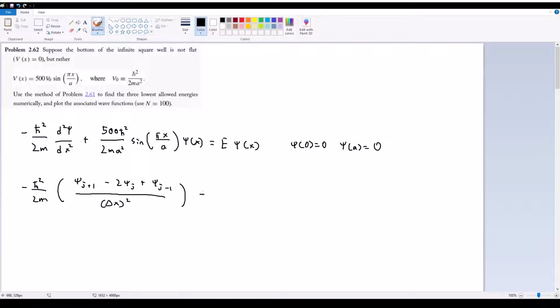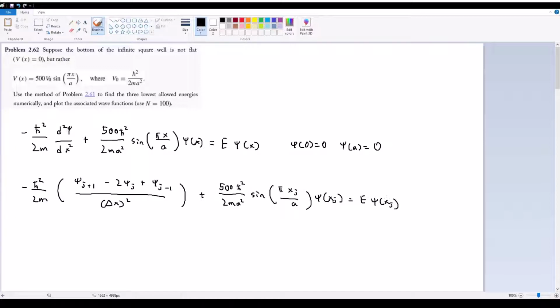And then this is added with 500 times h bar squared over 2ma squared times sine of pi xj divided by a times psi of xj, and this is equal to E times psi of xj.